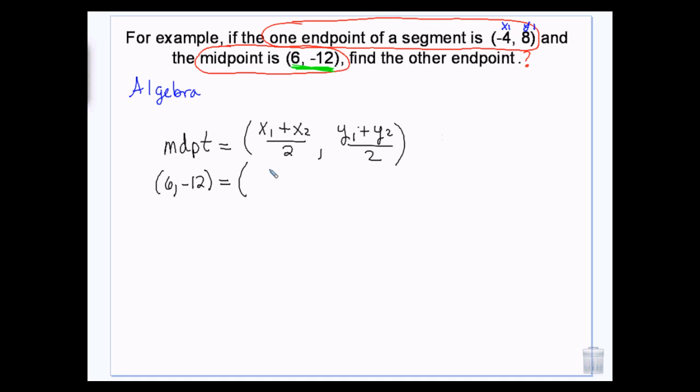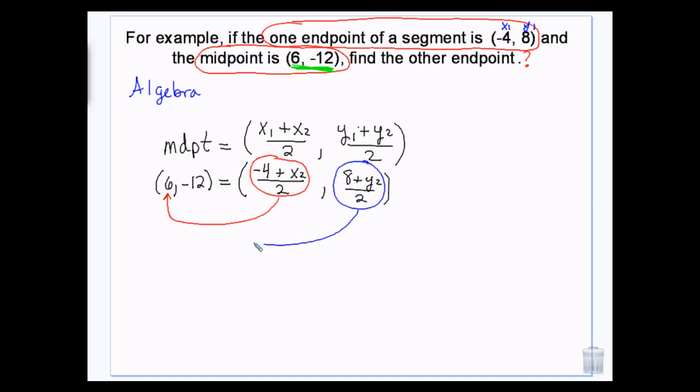So I'm going to plug in x1, and I'm going to plug in y1, but I'm missing the other end. But I do know that when I worked this out, if I had had the other end, it gave me 6. And when I worked this out, it would have given me a negative 12.